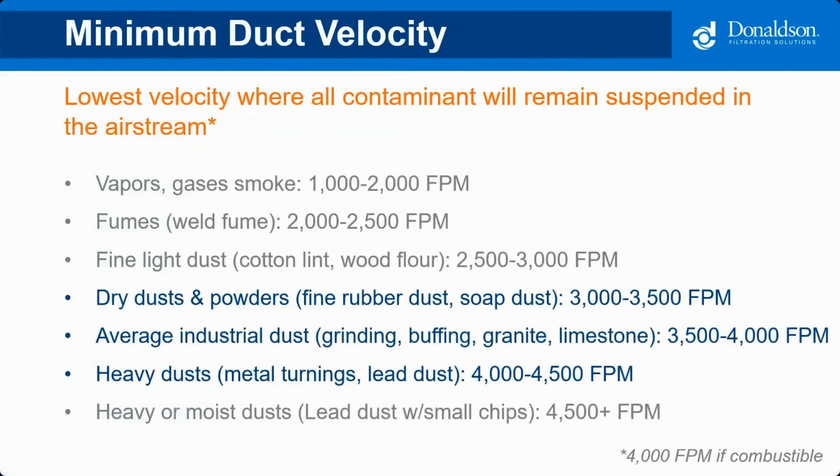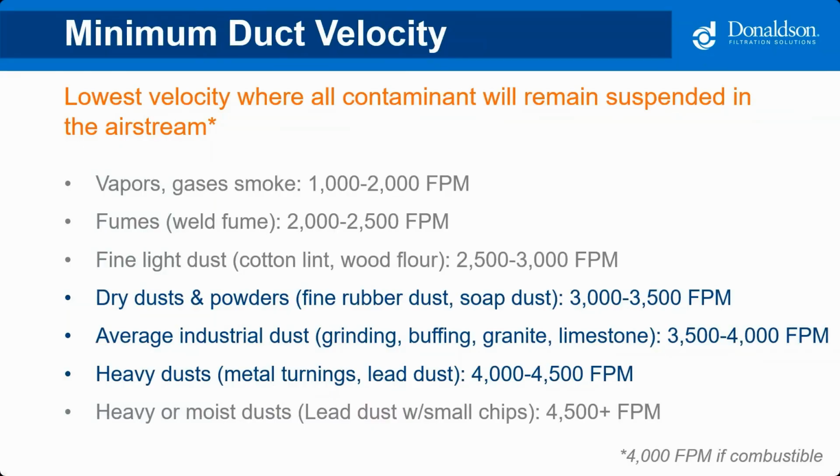When it comes to ducts, minimum duct velocity is a critical design factor. If you go below, dust could settle out within the ducts, and that can create safety issues. For pharmaceutical manufacturing, minimum conveying velocities are going to be in the 3,000 to 4,500 feet per minute range. It is important to note, however, 4,000 feet per minute is the minimum duct velocity if the dust is combustible.